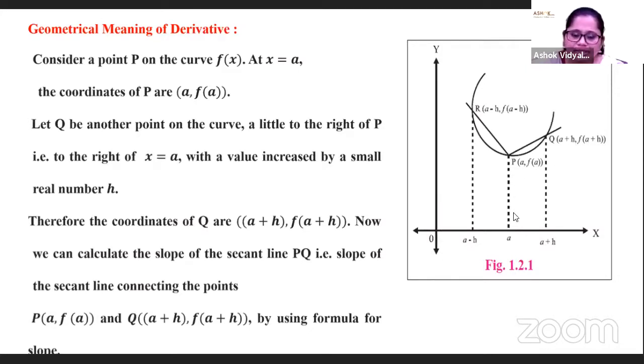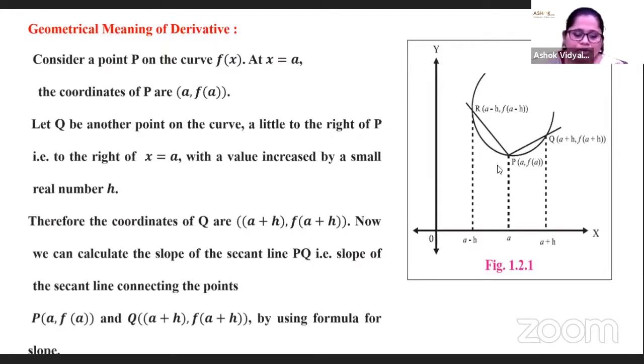Therefore, the distance between these two vertical lines is h. Therefore, the coordinates of Q are (a plus h, f of a plus h).